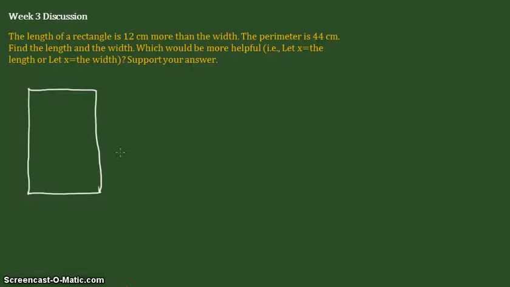So then we go back and look at what it's giving us. It says the length of the rectangle is 12 centimeters more than the width of the rectangle. Now, what's going on here? If we let this be our width, and this be our length, then what you notice is everything is being represented in terms of the width.